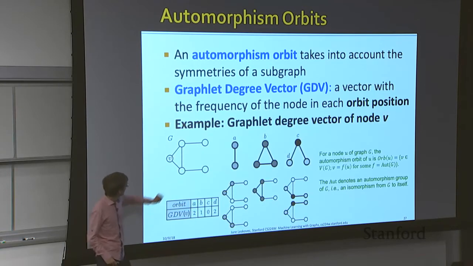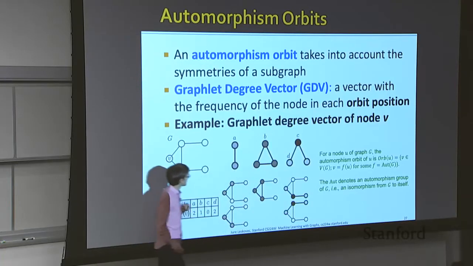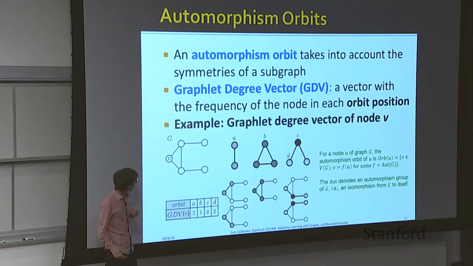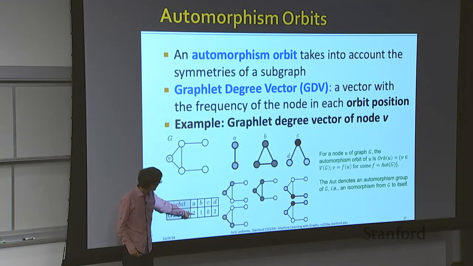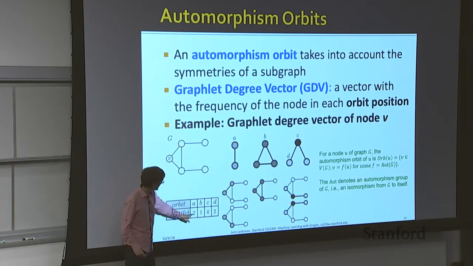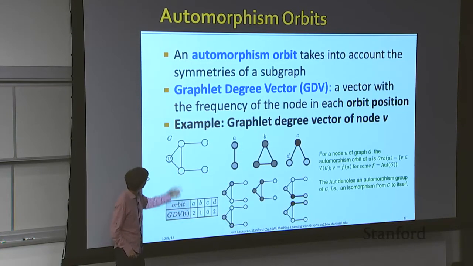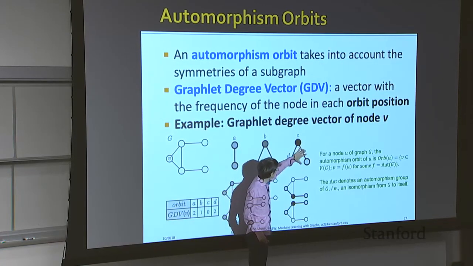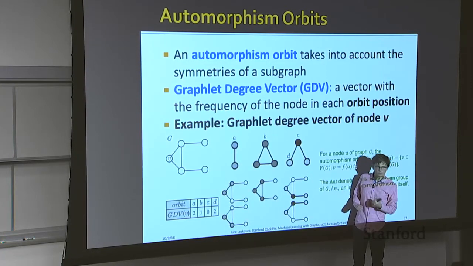So let me give you an example. If this is my input graph, here are the graphlets on 2 and 3 nodes. So here would be my graphlet degree vector. For node of interest V, I ask: in how many graphlets of type A does it participate? It participates here and here, so that's 2. Then in how many graphlets of type B does it participate? Here it is, it's 1, the triangle. But then if I ask how many graphlets of this type does it participate in, I need to ask at what orbit position does my node of interest participate?